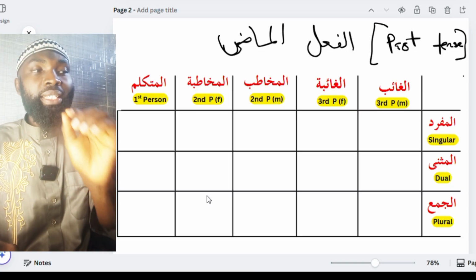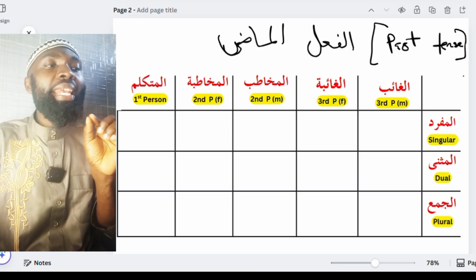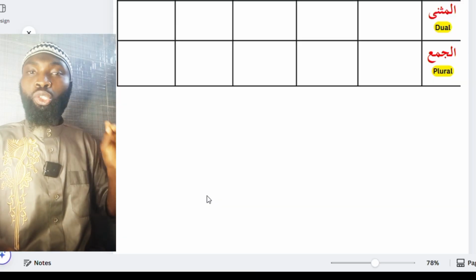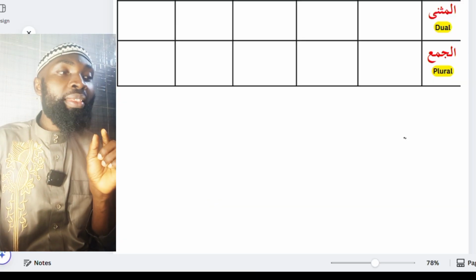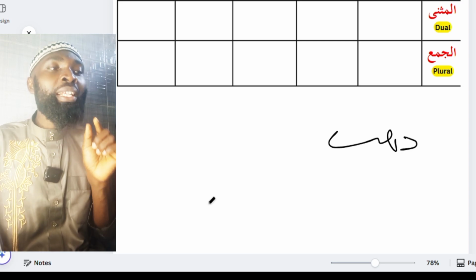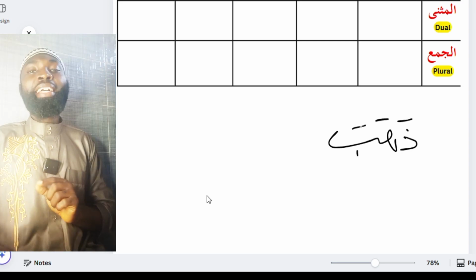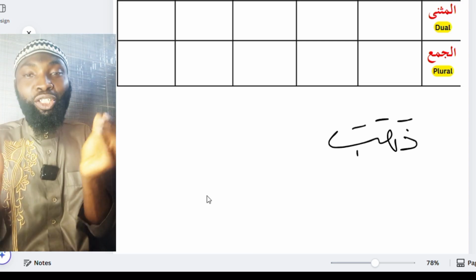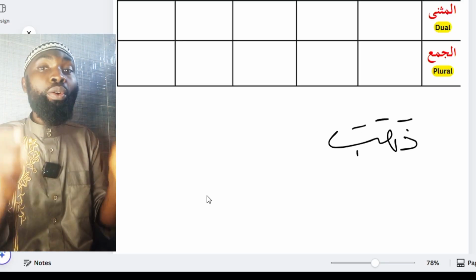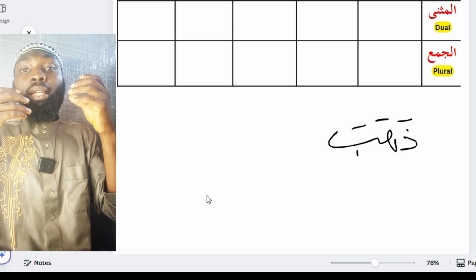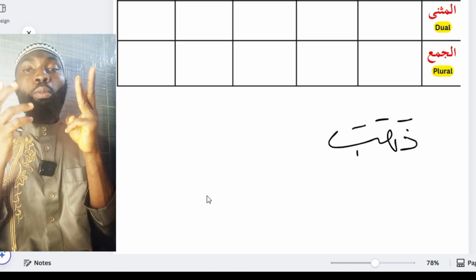Moving on to the first thing we need to do, we are going to be picking a verb to use for this conjugation. And one of the most common verbs I would want us to pick is the word dhahaba. This conjugation will be majorly for all of the Arabic verbs which have three letters. And we know that over 70% of the Arabic verbs will come with three letters.